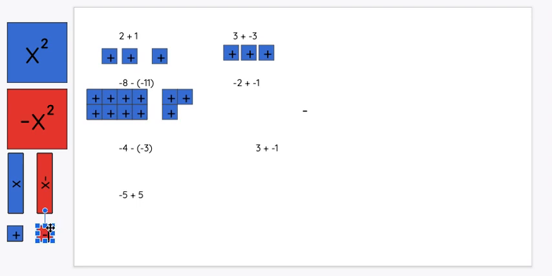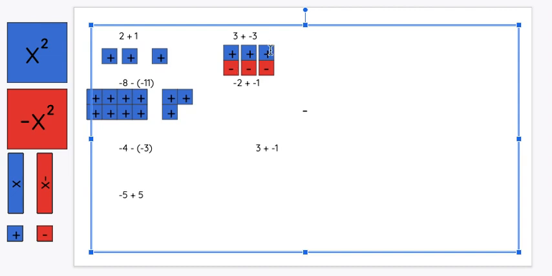So I'm just going to put these underneath so I can show you what I mean. Oh my gosh, these drag and drops don't like me. Yeah, okay, so you have 3 positive, 3 negative, they all cancel out. So then essentially what you're left with is 0, because these cancel each other out and you're left with nothing.